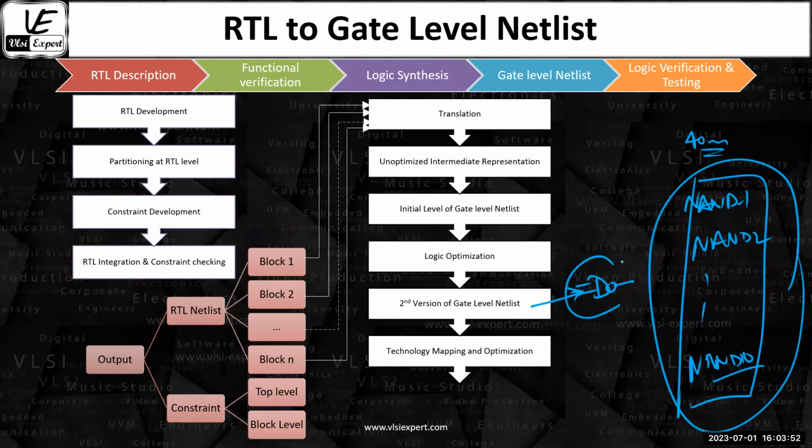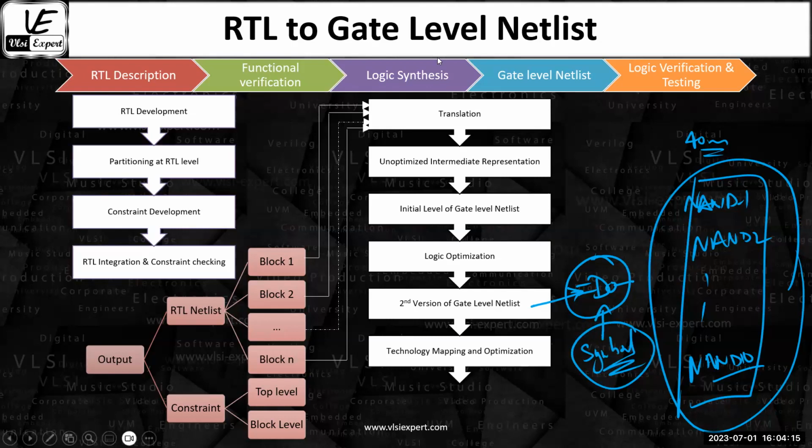Now, this NAND gate is supposed to be mapped, in the sense, to a NAND gate of what type? Right now, this is just a symbol. Logically, everyone knows 0 0, 0 1, 1 0, 1 1, that is basically the NAND gate.